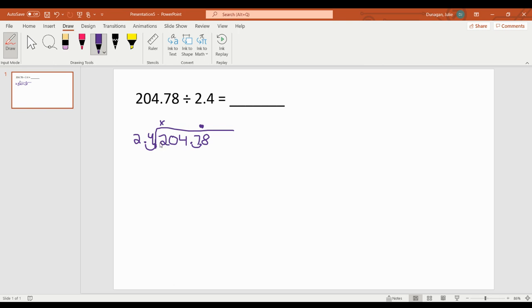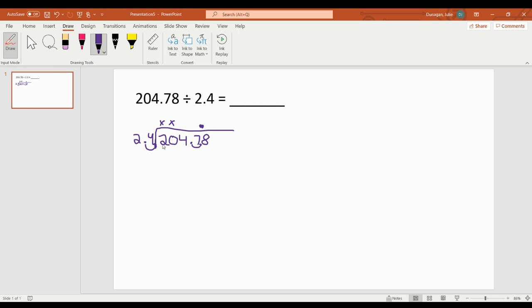Okay, now we're going to look at these 2 digits. Can I get any groups of 24 from 20? No, because 24 is greater than 20. So again, I'm just going to put a little X here to mark my spot so I don't start writing in the wrong place value.